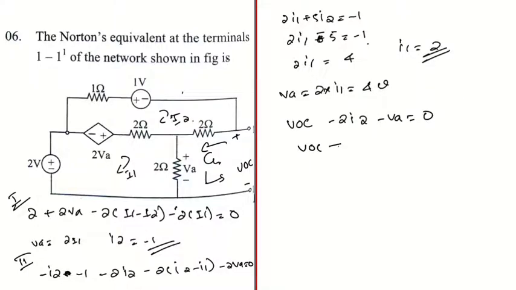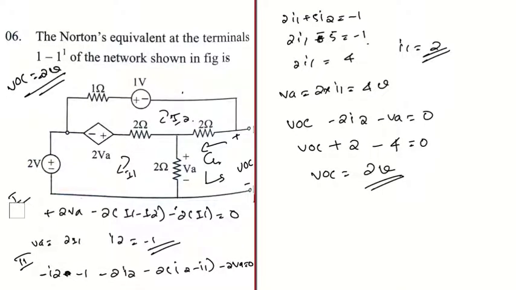So VOC plus 2 minus 4 equal to 0. So VOC equal to 2 volt. So I get the value for VOC, that is 2 volt. And now coming on to the next thing we have to find out, so let's put that here, VOC equal to 2 volt. Now we have to find out our ISC.